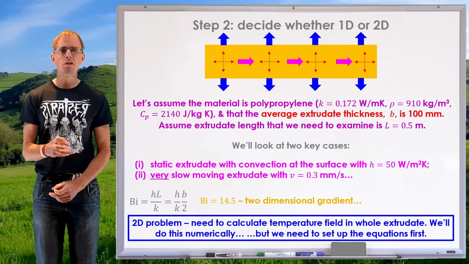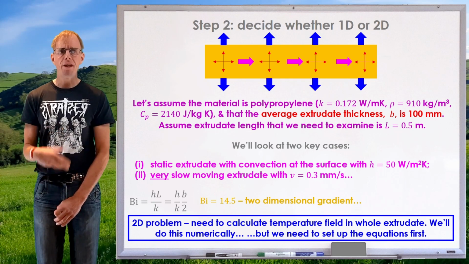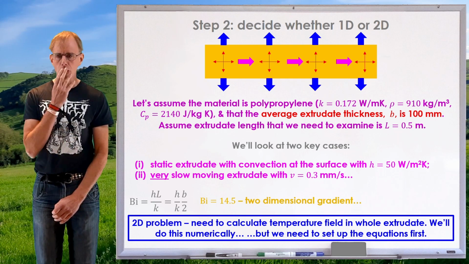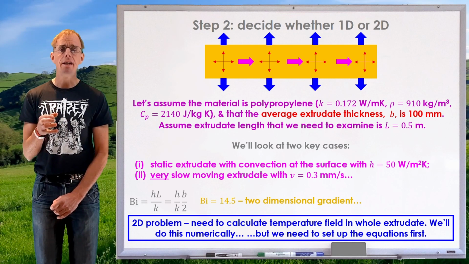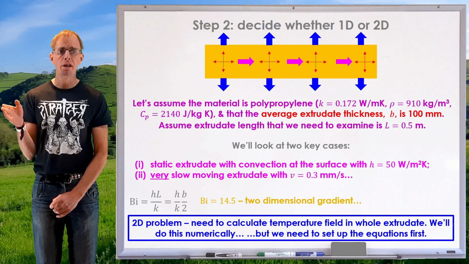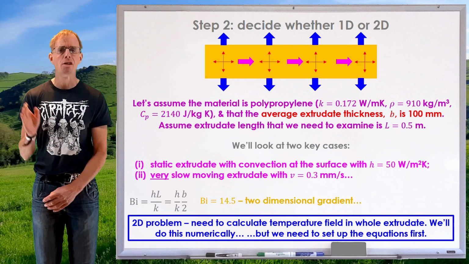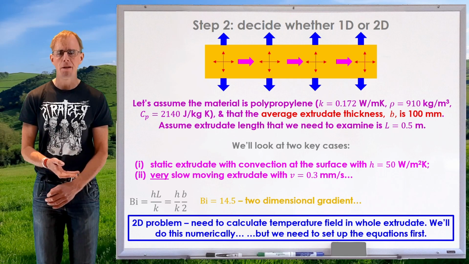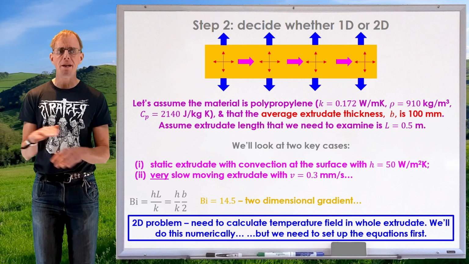So now that we've decided our temperature field is two-dimensional, let's think more about our mental model. We know that it is likely that we're going to have a temperature gradient along the length of the extrudate, and we know that's probably going to be an exponential type decay. We saw that last time. Now we need to think about what's going on in the middle of the product. We're losing heat from the edges.